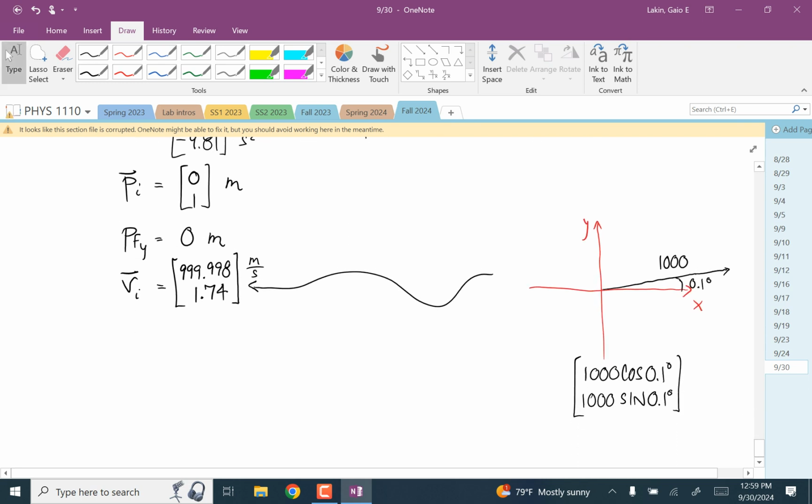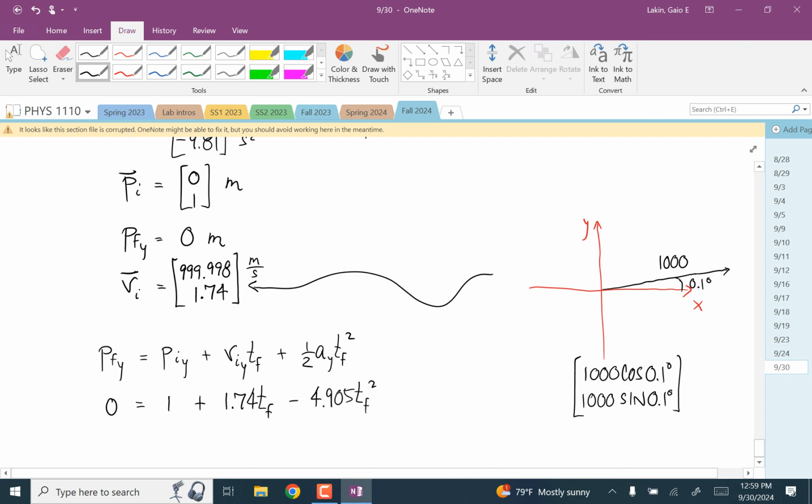And we can use the same equation again. We can use PFY is equal to PIY plus VIY TF plus 1/2 AY TF squared. Plug in the values. 0 is equal to 1 plus 1.74 TF minus 4.905 TF squared.